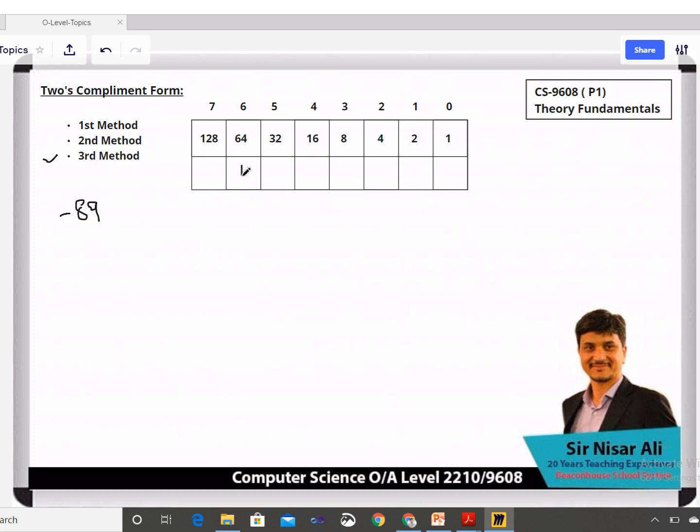First we take it as a positive number: 64, then 16 is 80, then 88, and then 89. All others are 0.